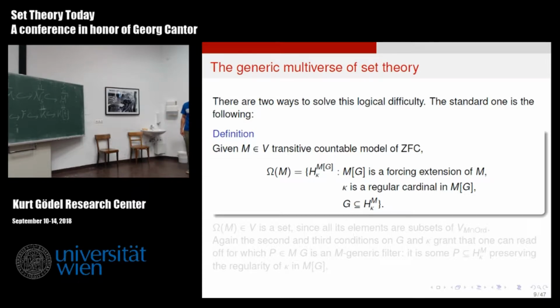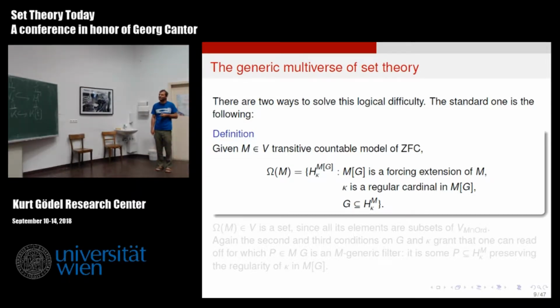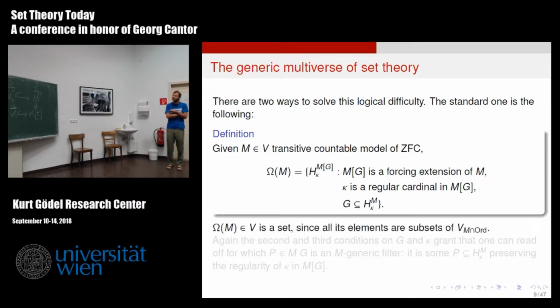The standard solution is this one. You take a countable transitive model of ZFC, and then you relativize everything to this countable model. Then you have the generic filters for any poset in the model, and you can define the generic multiverse according to this definition.